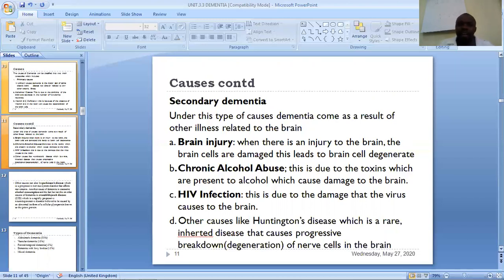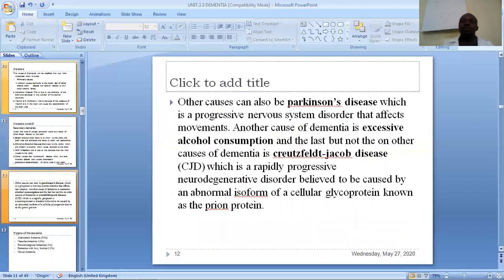Then other causes like Huntington's disease, which is a rare but inherited disease, which can cause progressive breakdown or degeneration of the nerve cells in the brain, meaning it can also lead to dementia. Under other causes, we still have Parkinson's disease, which is a progressive nervous system disorder that affects movements.